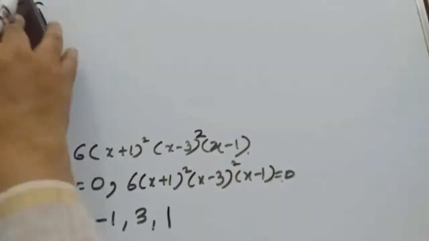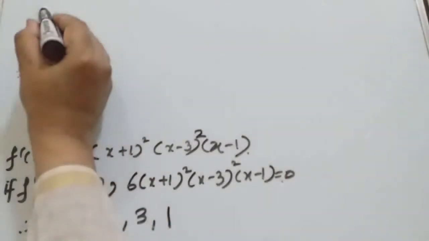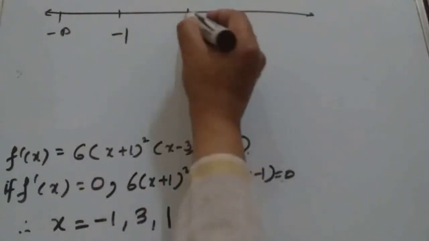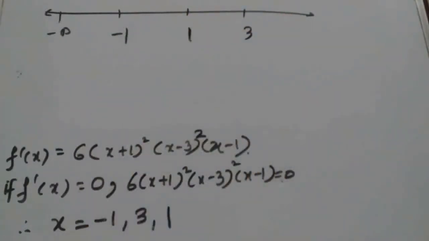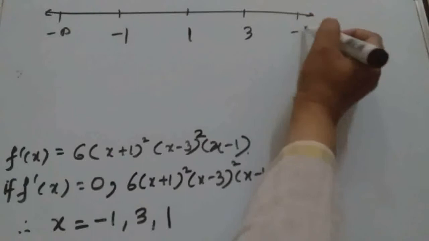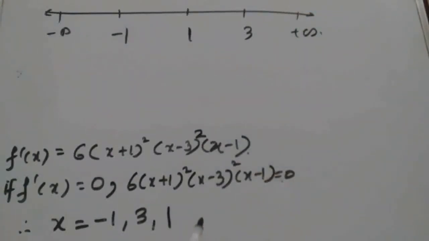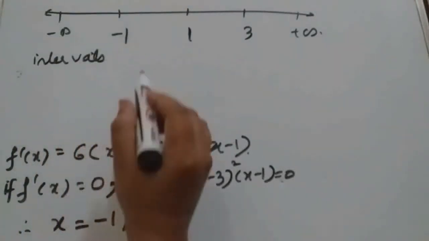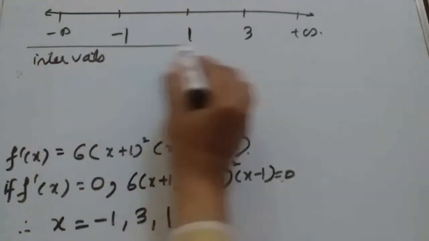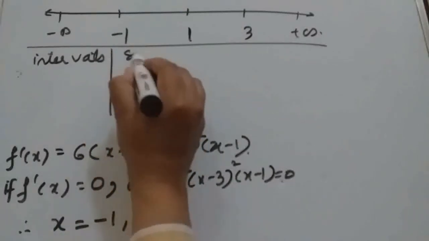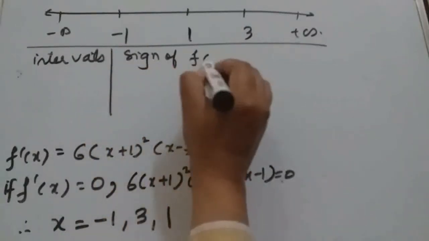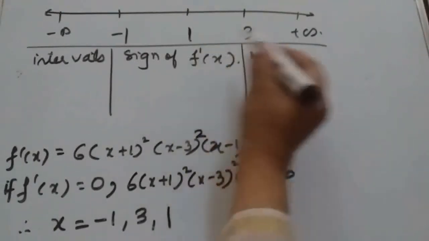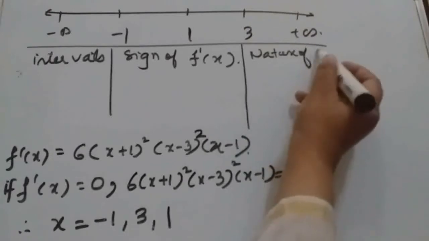So here see, minus infinity, minus 1, then 3, then plus infinity. Okay, so we will make column intervals, then sign of f dash of x, nature of f of x here.